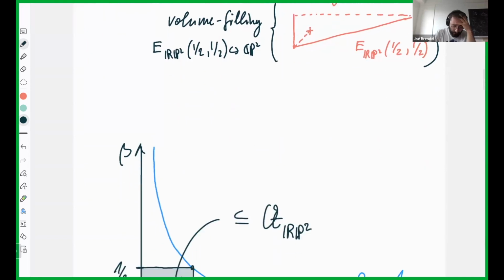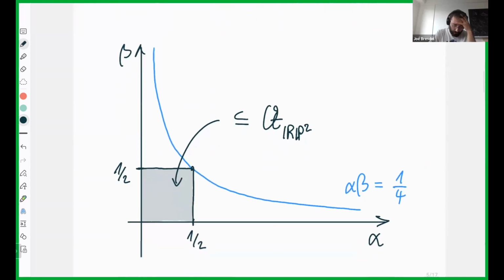This means the following. Let's look again at our picture here. It means that we have produced this volume filling embedding here at 1/2, 1/2. But all of the ellipsoids in the gray square that I drew are included trivially inside of the 1/2, 1/2 RP2 ellipsoid.